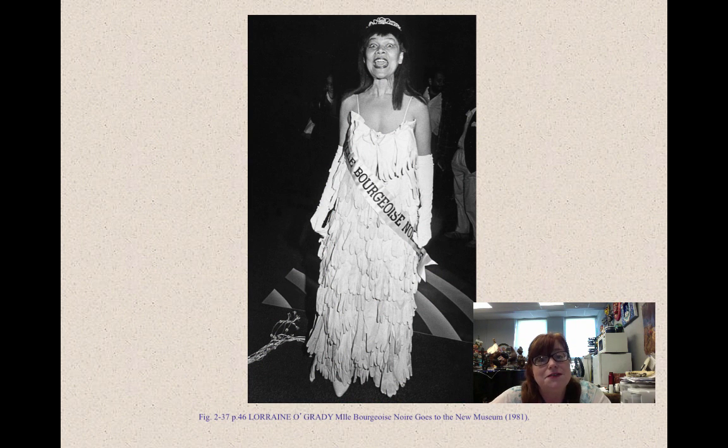Okay. And then this is a black and white photograph by Lorraine O'Grady. And that is actually Lorraine O'Grady herself in the photograph. This is from a performance art piece she did called Mademoiselle Bourgeoise Noire Goes to the New Museum. And what she is doing in this piece is she's actually protesting.